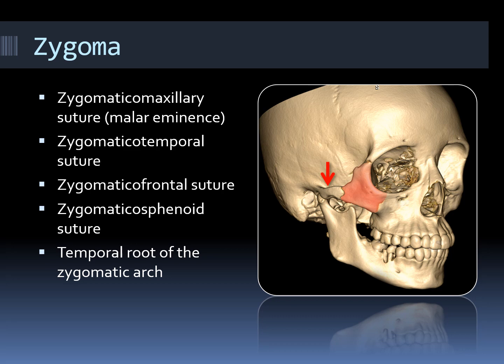And then the last one is your temporal root of the zygomatic arch. All of this will be maybe damaged when you have a tripod fracture, which will be discussed later.